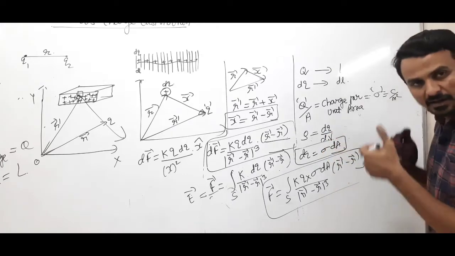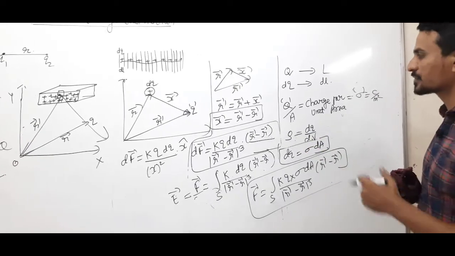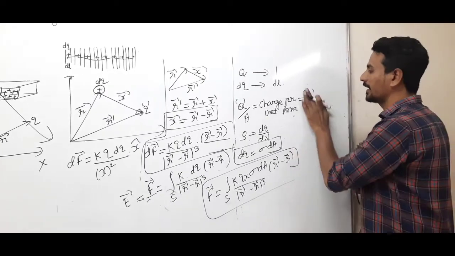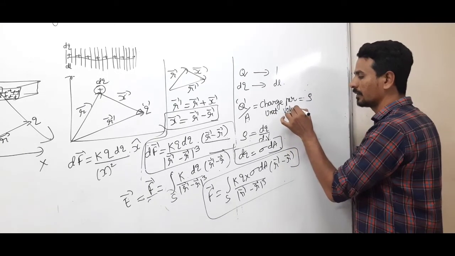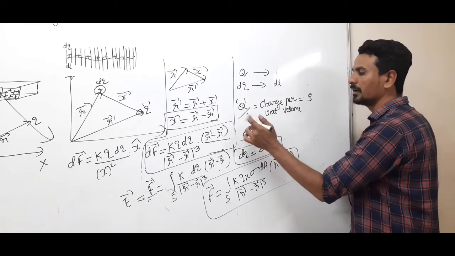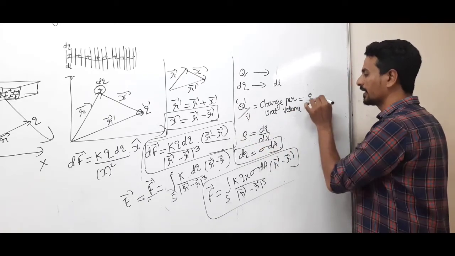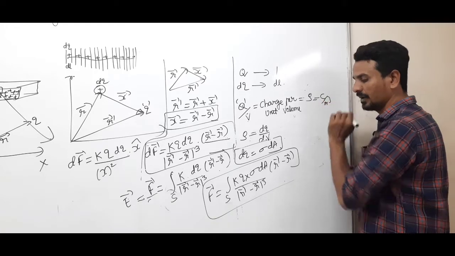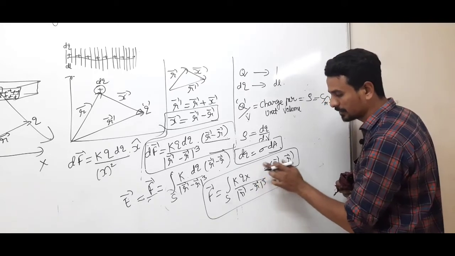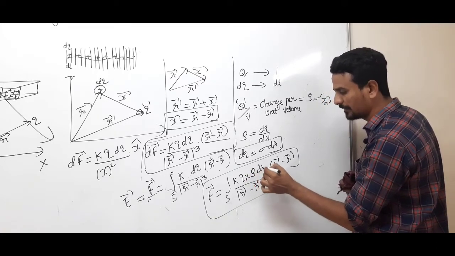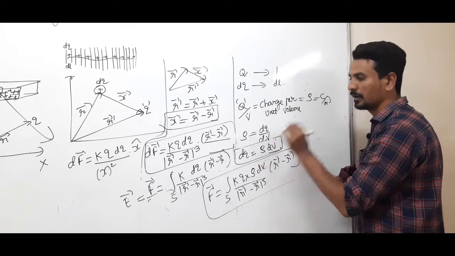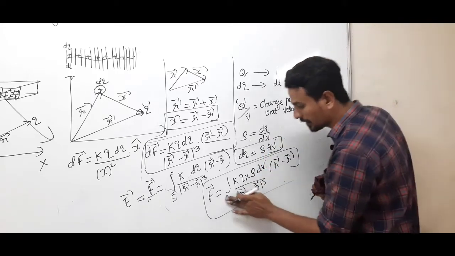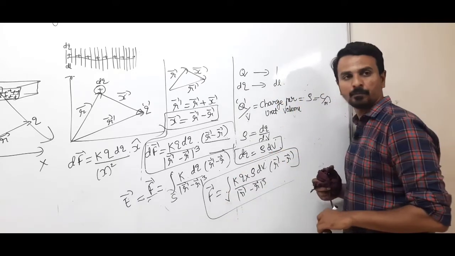Now charges are inside a volume, so dq by dv, and this will be charge per unit volume. It is q by v. So the unit will be coulomb per meter cube. Make a change over here: rho into dv. That's it. Rho into dv. Done, and we'll place here a volume integration.